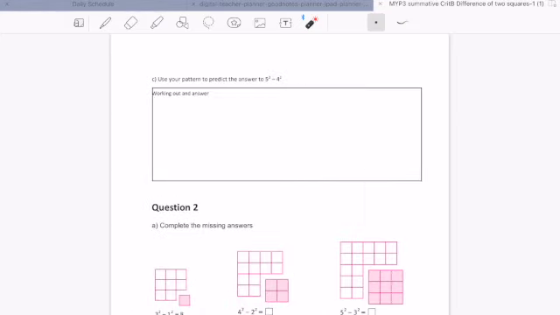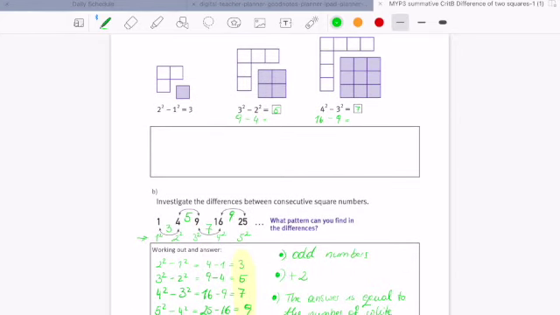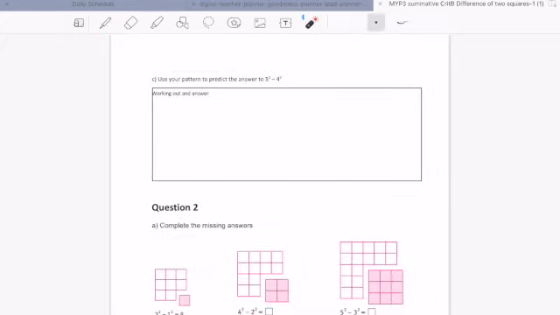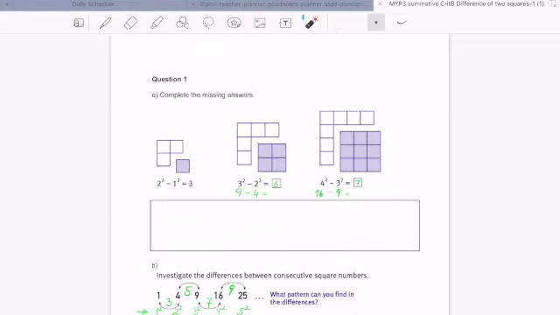So now using your pattern to predict the next answer. And actually, I'm not sure it was this question, but actually we have done that here already. However, it says here, use your pattern. So if your pattern was add 2, then 5 squared minus 4 squared would be the same as the previous difference here, which is 7.